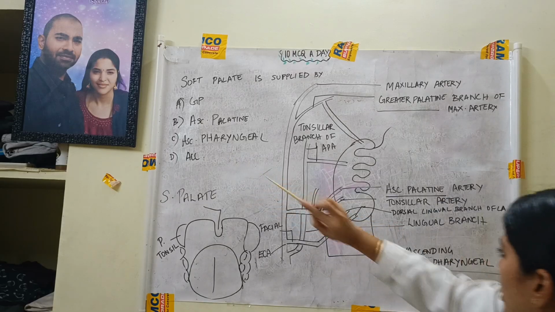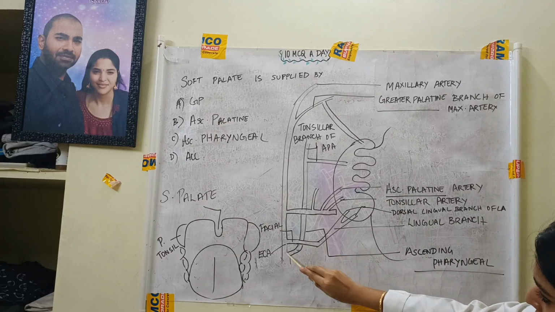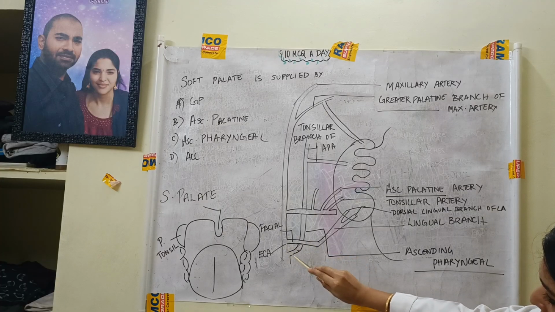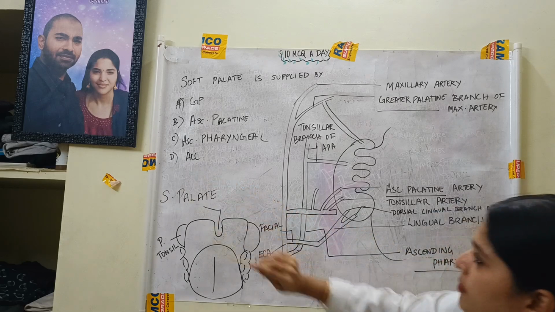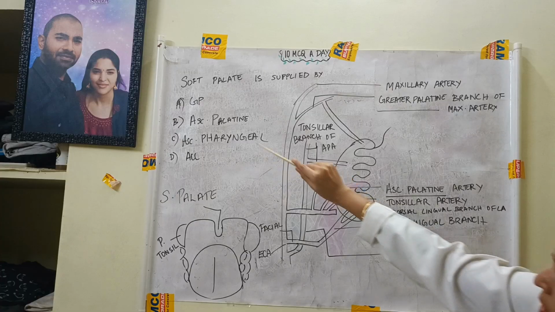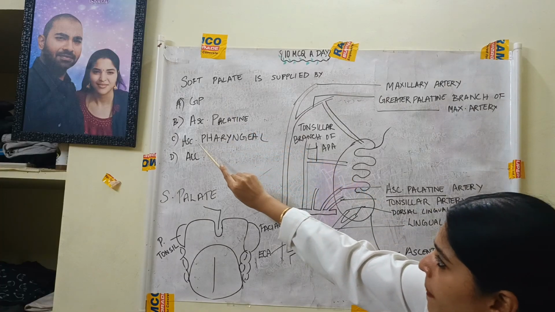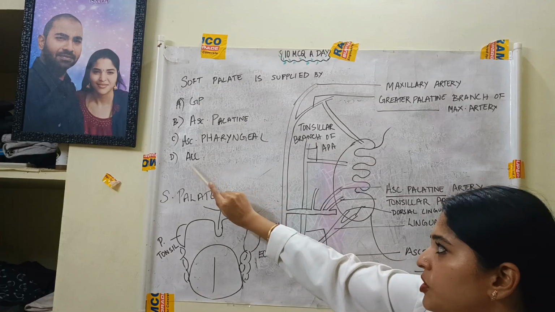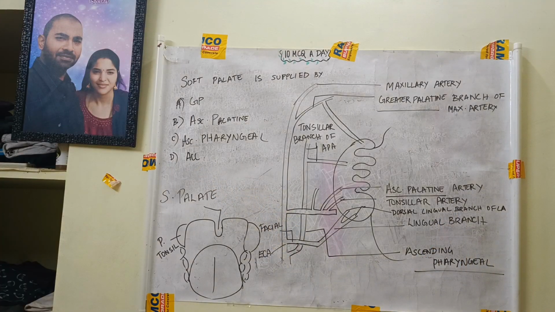And ascending pharyngeal artery, this is the ascending pharyngeal artery. So this is the external carotid artery and this is the internal carotid artery. So soft palate is supplied by greater palatine, ascending palatine, ascending pharyngeal and option D, all. Option D, all, is the correct answer.